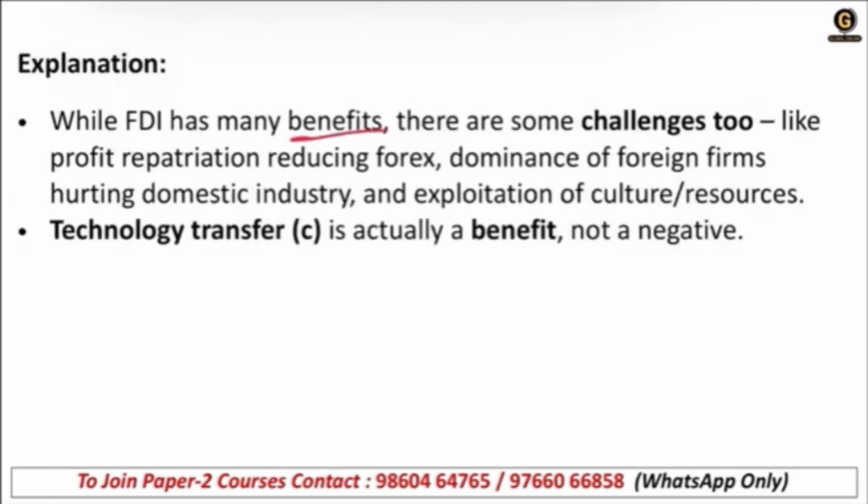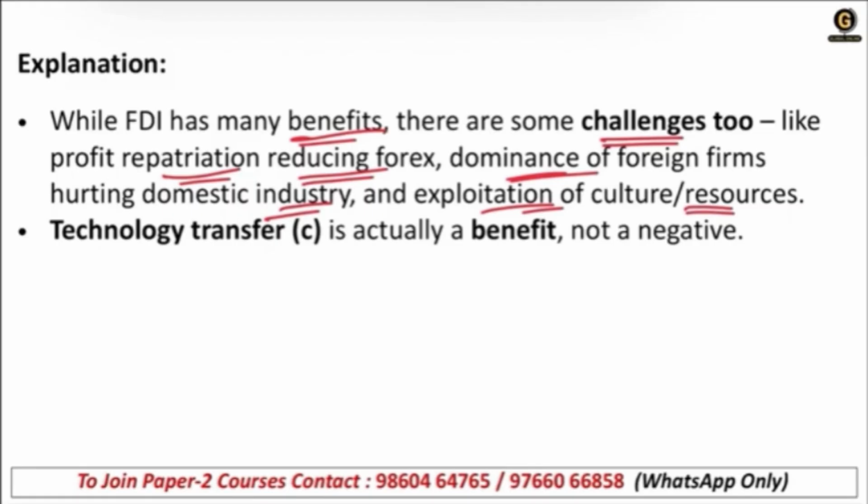While FDI has many benefits, there are some challenges too. Like profit repatriation, reducing forex, dominance of foreign firms, hurting domestic industries, and exploitation of culture or resources. Sometimes FDI is coming into India or into another country. Okay, FDI is possible in every country.